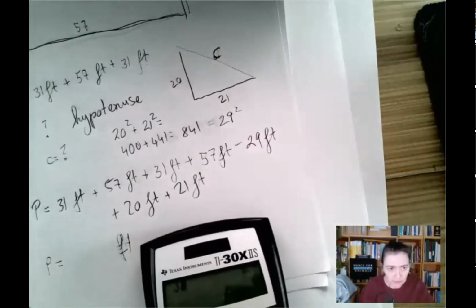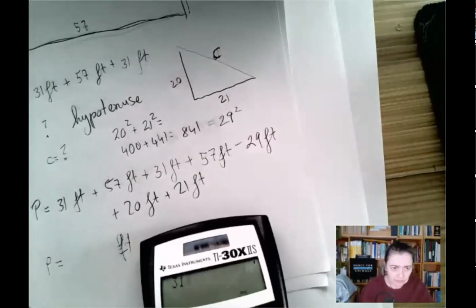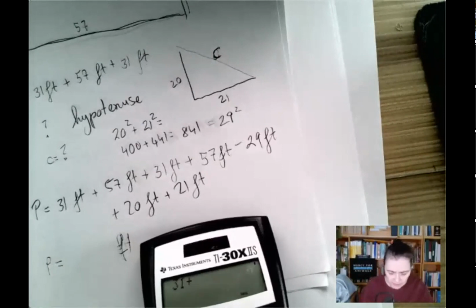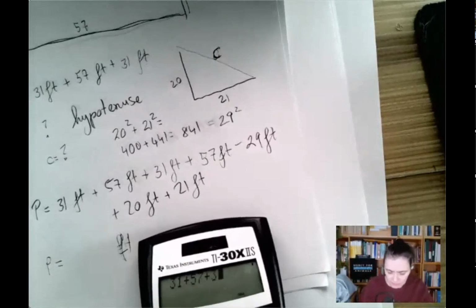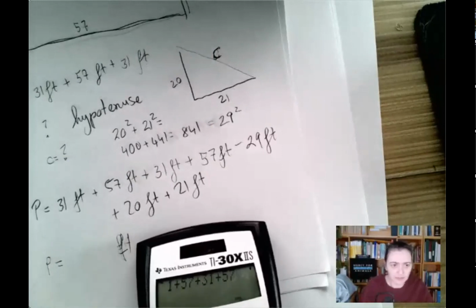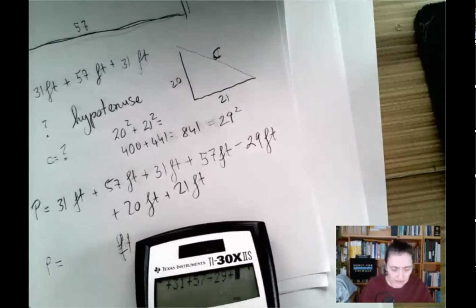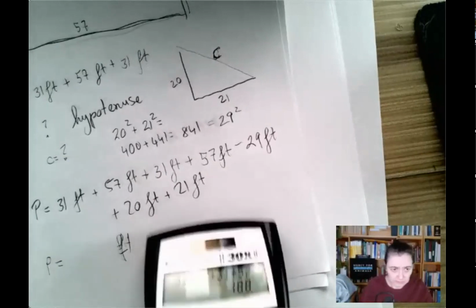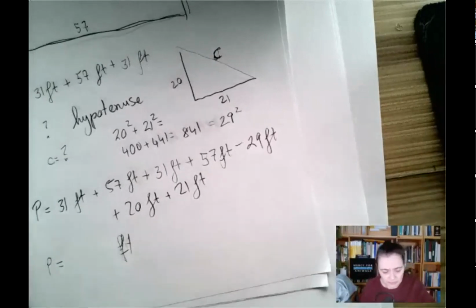So we have 31 plus 57 plus 31 plus 57. That's just a rectangle. Twice this plus twice that. But then we lose 29. And then we add 20 plus 21. 188 feet.